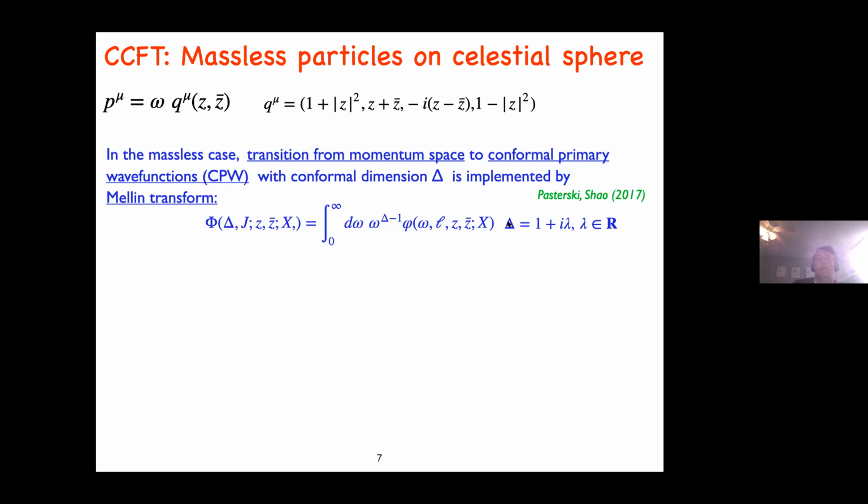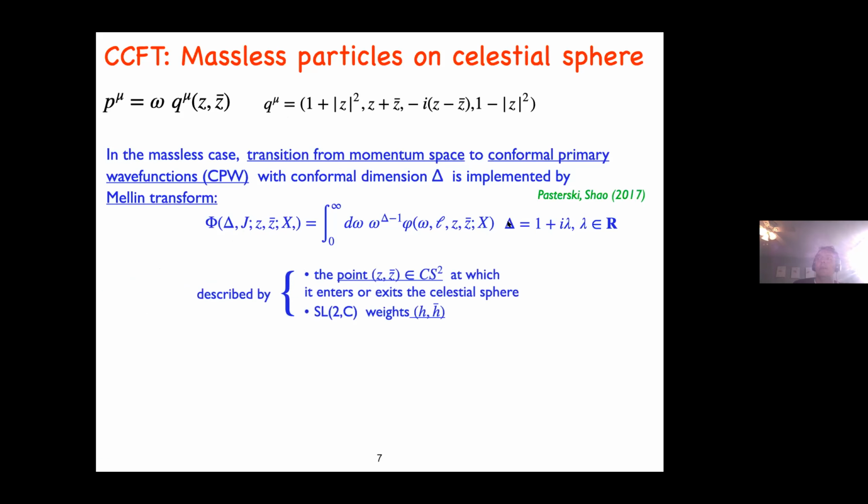Moreover, it turns out that the dimensions need to belong to the principal continuous series, as it's called, if we want these conformal primary wave functions to be orthonormal. So these will be described by a point z, z bar on the celestial sphere, where the massless particle enters or exits, and the SL2C weights.